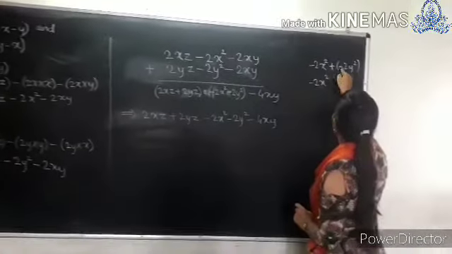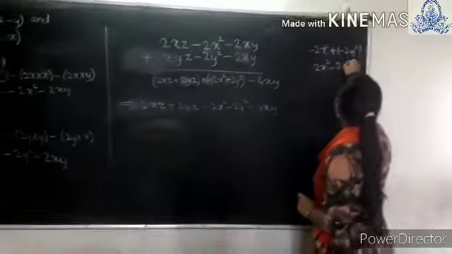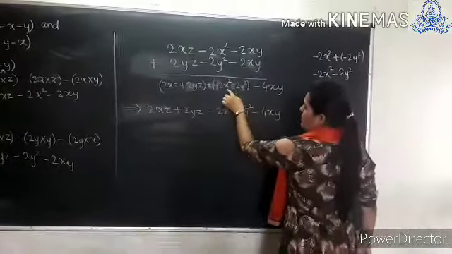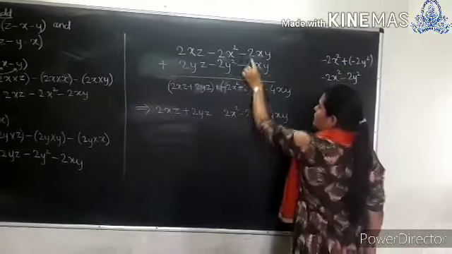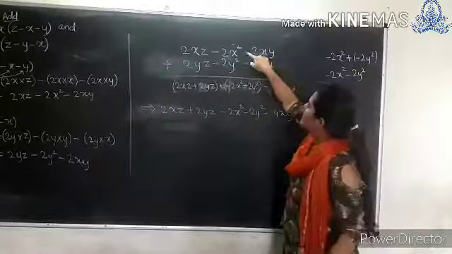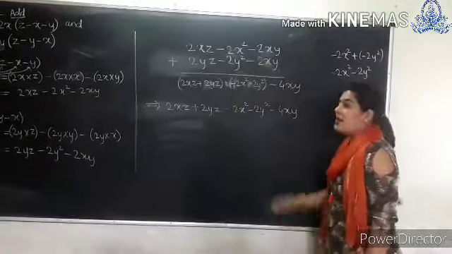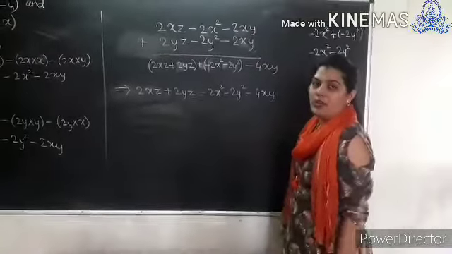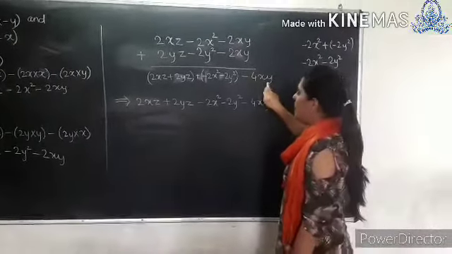Minus 2x square plus minus becomes minus. So what I have written here is minus 2x square minus 2y square. Then minus 2xy plus minus 2xy. See, minus minus becomes plus, but when the signs are both equal, we give the minus sign. So minus 4xy.